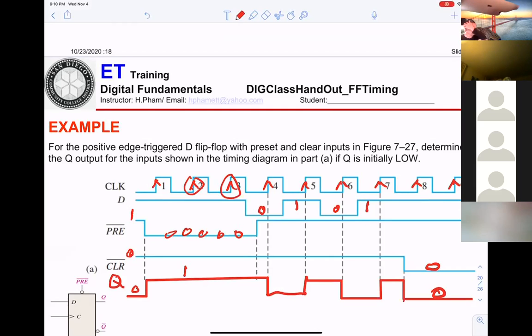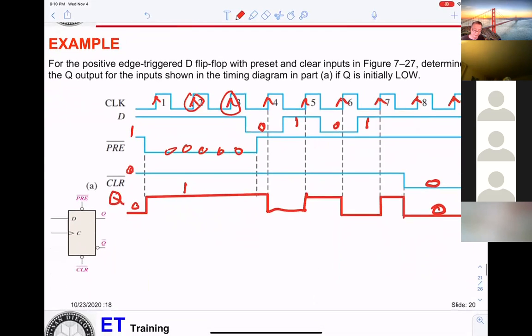If you can draw the timing output right away to get a correct answer, you're okay. Okay, any question on this problem?